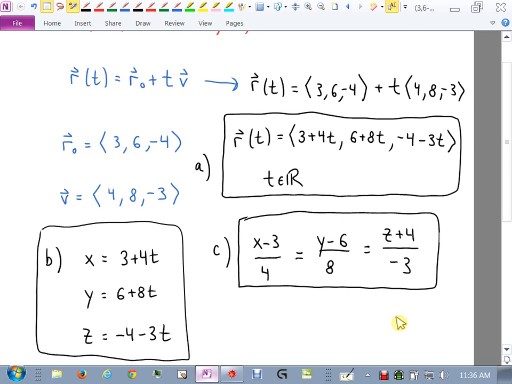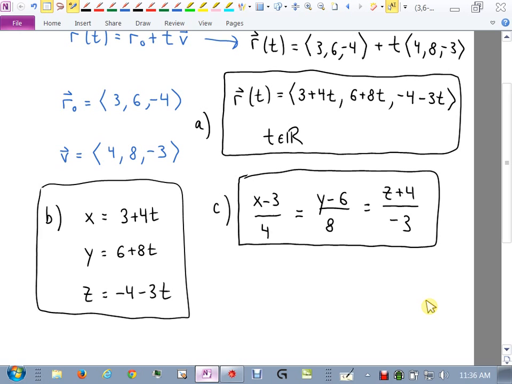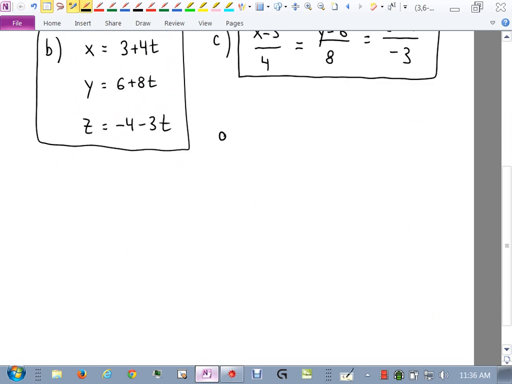All right, now the last thing, find where this line intersects the YZ plane. Where does this line intersect the YZ plane? YZ plane means your x is 0. So for part D, YZ plane implies that your x has to be 0.